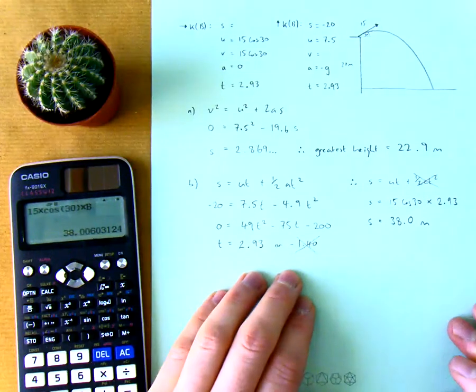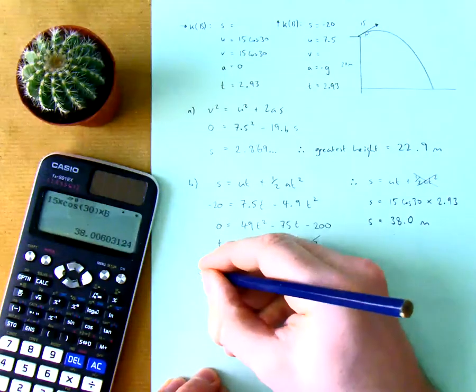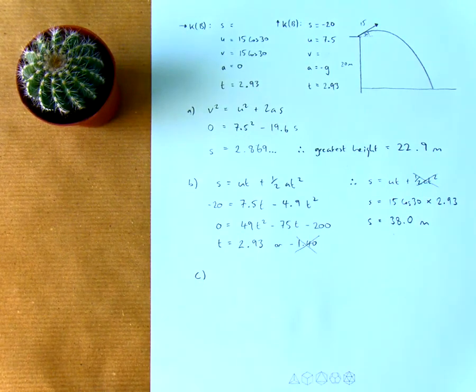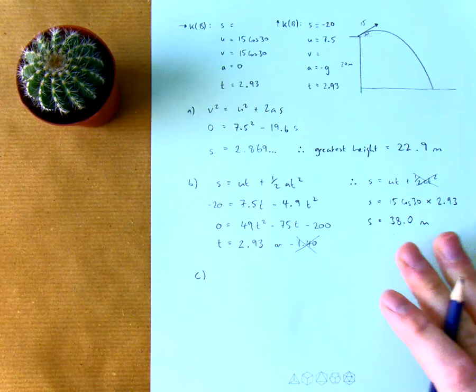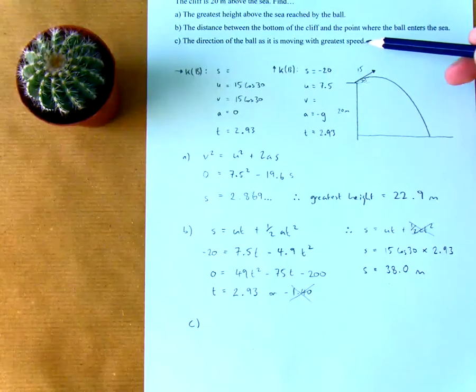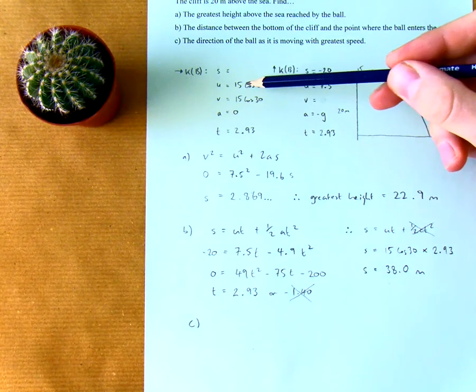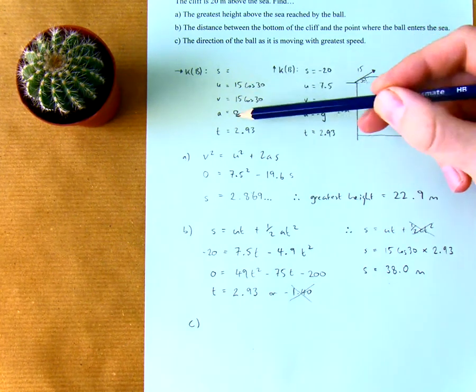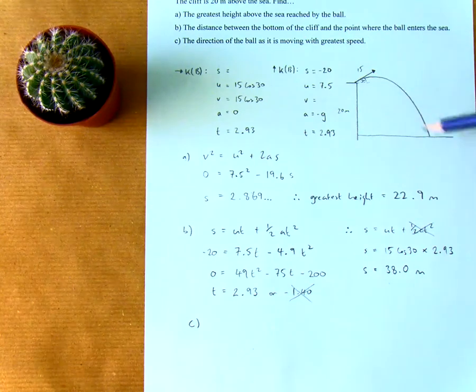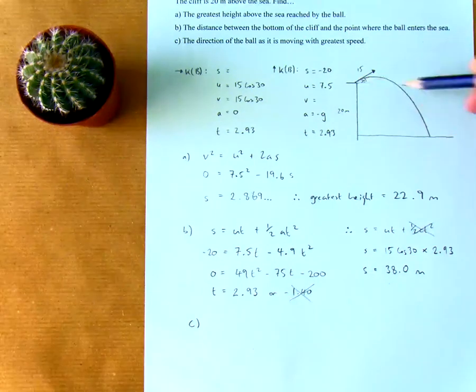Okay, and on to the final part of the question, part C. The direction of the ball as it is moving with greatest speed. So we need to be thinking, where is the greatest speed of this ball? Well, in the horizontal sense, the speed doesn't change because there's no acceleration. So it doesn't matter where we take the ball, the horizontal speed is always going to be the same.